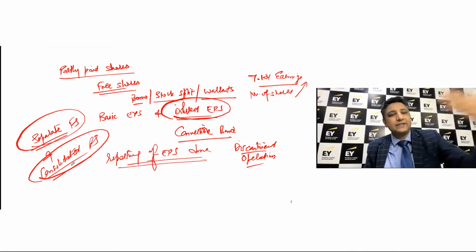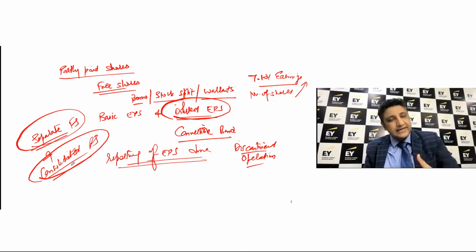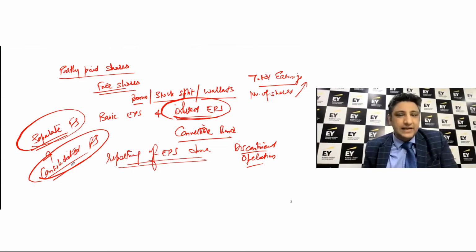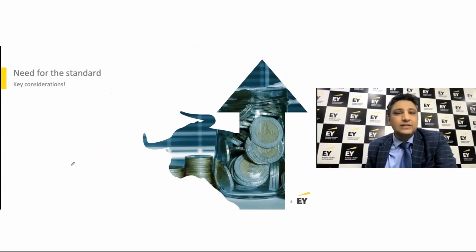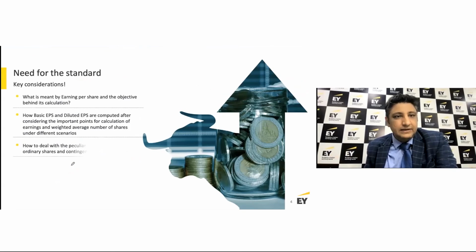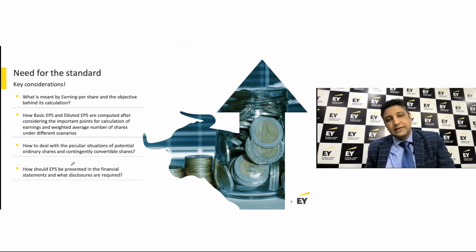Higher the money, more the expectation of profit. It's not a rule, but that's the expectation. And on that fundamental basis, this entire standard is built. So we'll be discussing all these aspects in the concepts to follow.